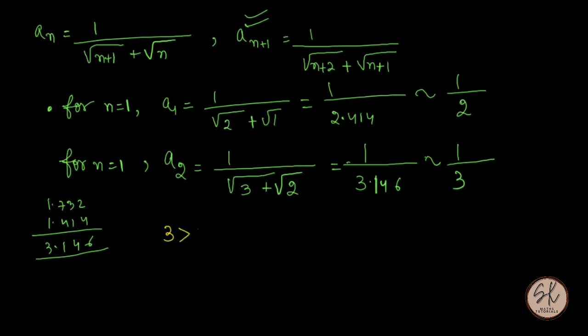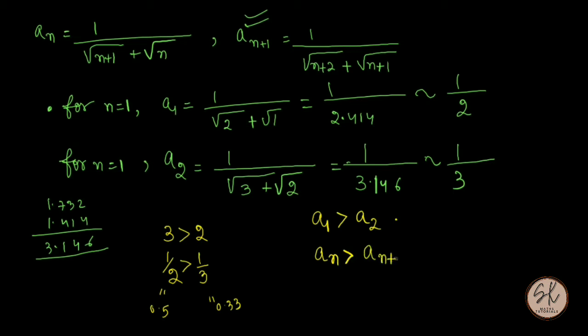Now we know that 3 is greater than 2, so 1/2 will be greater than 1/3, as its value is 0.5 and 1/3 is 0.33. So we got a1 greater than a2, and therefore a_n is always greater than a_(n+1). So the sequence a_n is monotonically decreasing, hence monotonic.